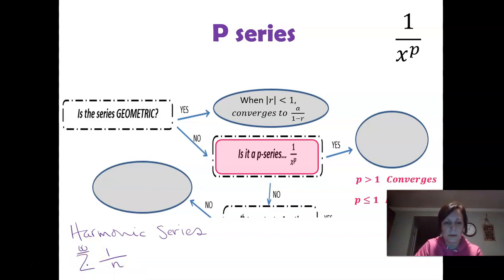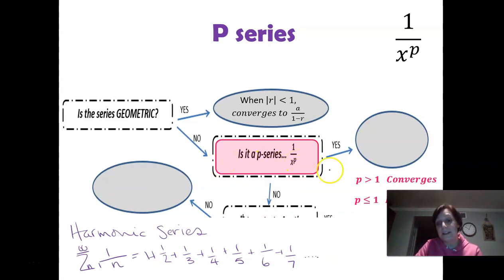So the harmonic series looks like 1 plus 1/2 plus 1/3 plus 1/4. And if you actually start doing partial sums of this series, it starts looking a heck of a lot like it's going to converge. But once we know about the p-series, we know it's going to diverge.